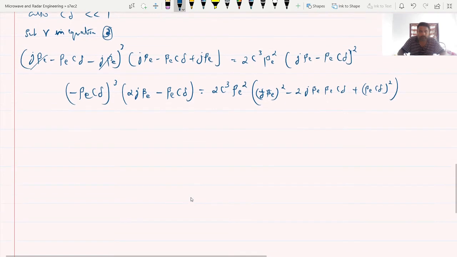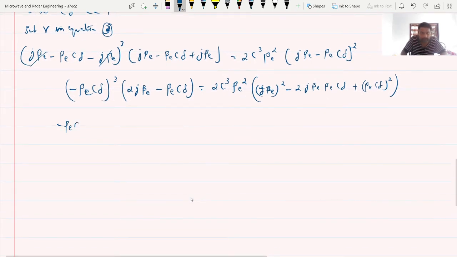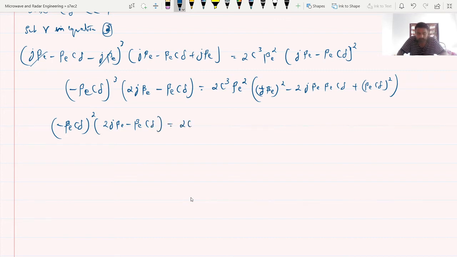So this will be minus (beta e c delta) the whole square into 2j beta e minus beta e into c into delta, which is equal to 2 c cube beta e square. A square is nothing but minus beta e square minus 2j beta e square c delta plus beta e square c square delta square.